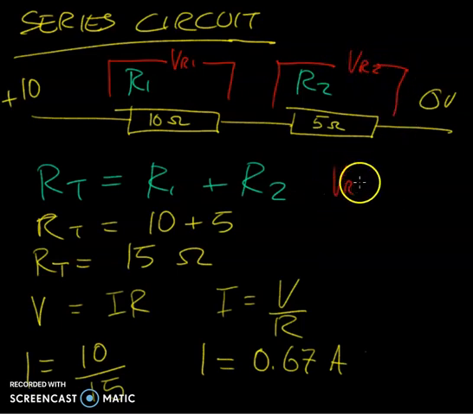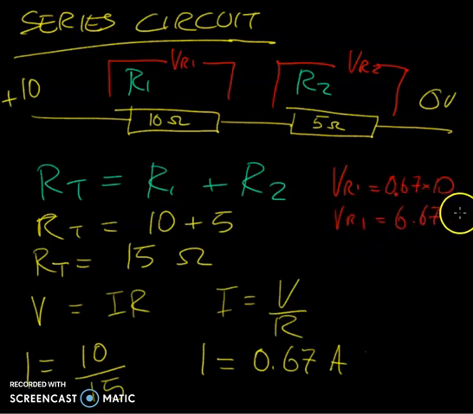So VR1 is equal to, remember V equals IR, 0.67 times 10, VR1 equals 6.67 volts. I'm remembering I'm rounding here, trying to keep it as accurate as I can.